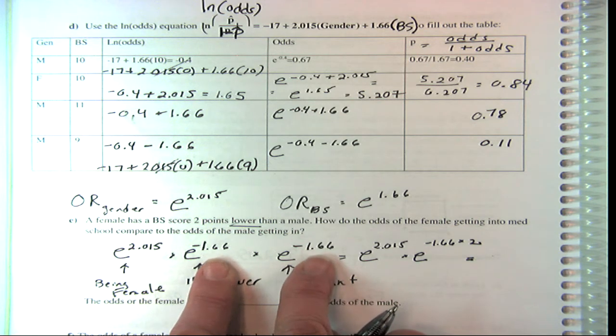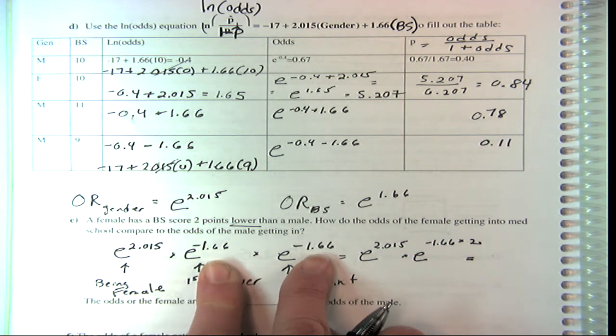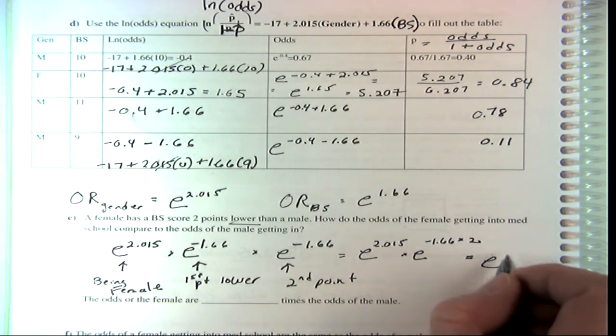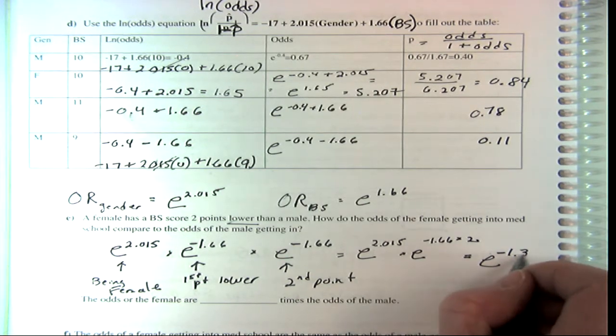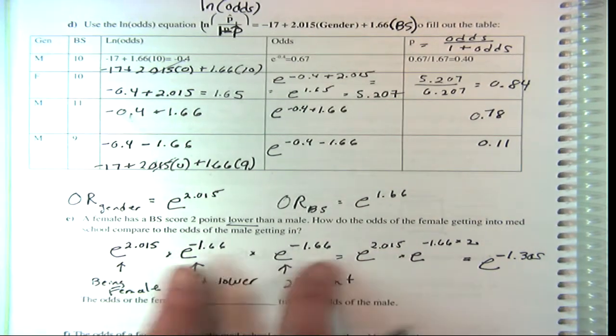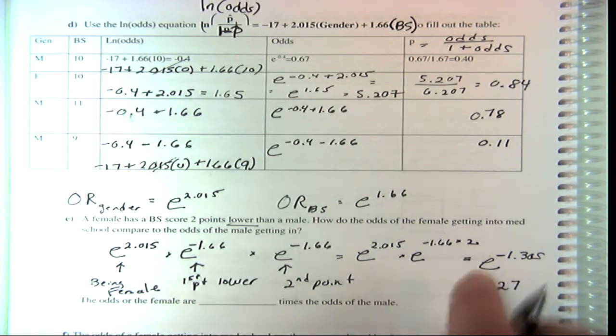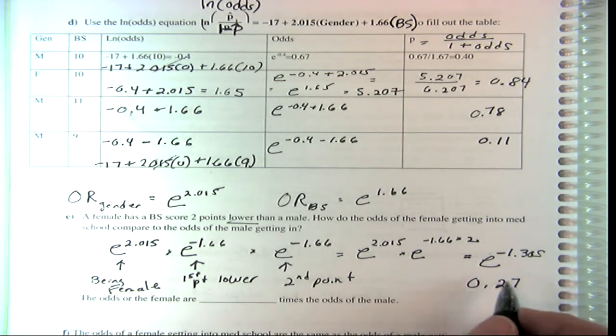Yes, so that's going to be e to a negative. So she loses out more than she gains by being female. So her odds are only going to be 0.27 times as high.